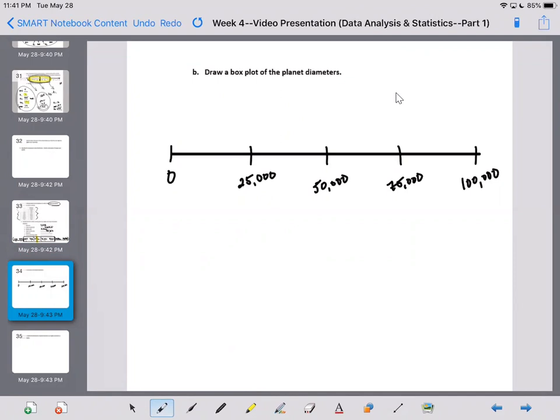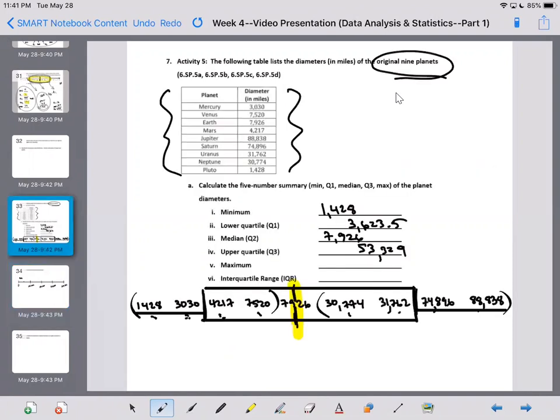My minimum value is about 1,000, so we're looking at a minimum somewhere around here. Now, the lower quartile is about 3,000, so we're looking at somewhere around here, so it's a very small whisker. And then our median, I'm just pulling the data from the chart.